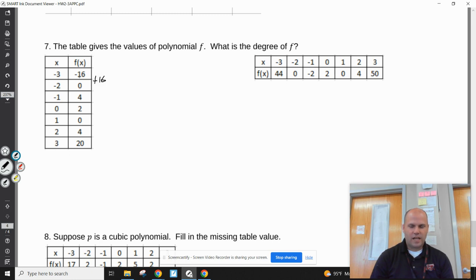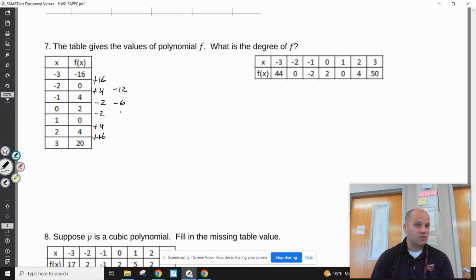Differences. Negative 16 to 0, 0 to 4, 4 to 2, 2 to 0, 0 to 4, 4 to 20. Okay, it's not a linear. Positive 16 to positive 4. Positive 4 to negative 2.